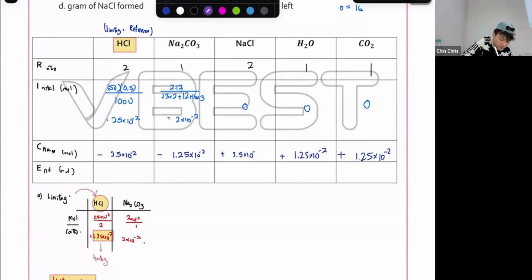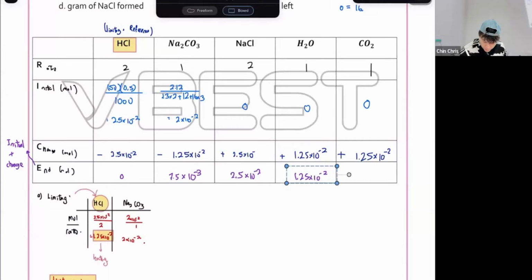Alright guys, at the end of the day, we do n mole. n is initial plus change. 2.5 minus 2.5, 2 minus 1.5, 7.5 times 10 to the power negative 3. 2.5 times 10 to the power negative 2. That's it. So all the mole we got already. Understand?